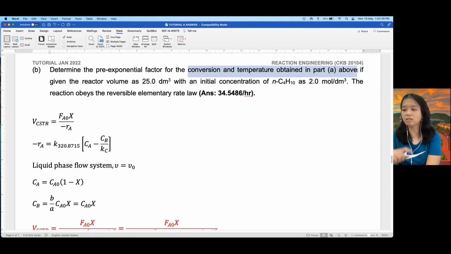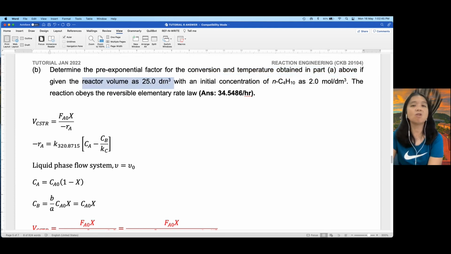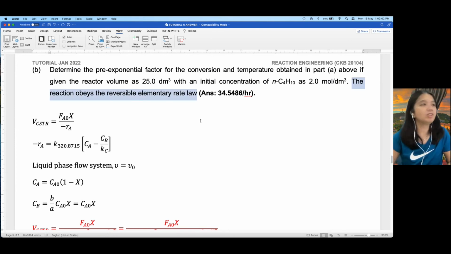So I can use the T in part A, I can use the X in part A, if given the reactor volume as 25 dm cube, with initial concentration of A, the normal butane is the A, as 2 mole per dm cube. The reaction obeys reversible elementary rate law. So this question is a bit difficult, right?